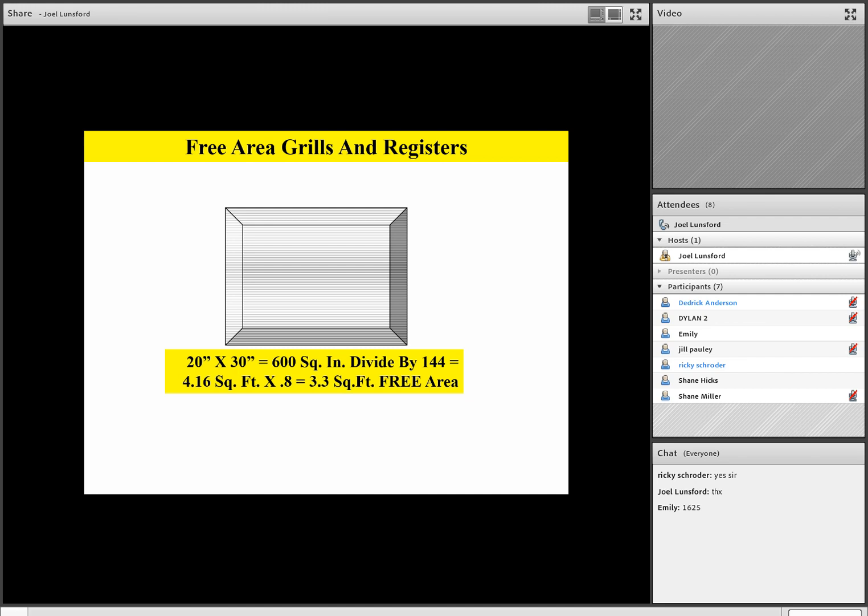Then we see that our actual grill or register free area is 3.3 square foot free area of opening. Any questions or comments on that so far as we take a look at free area of registers or grills?